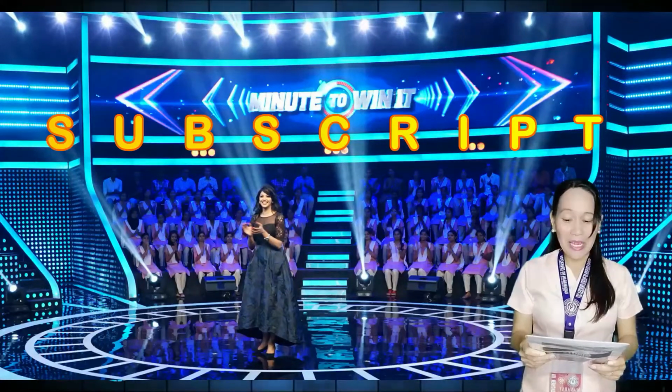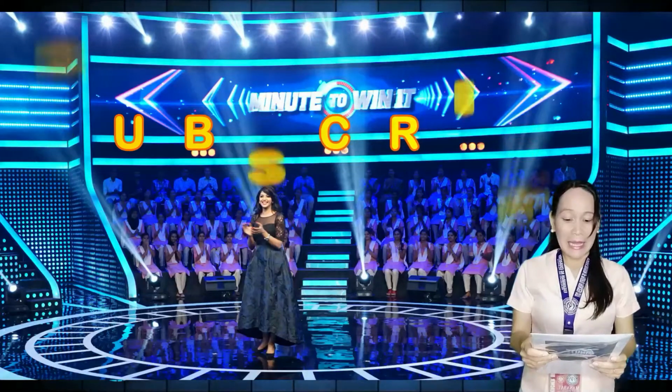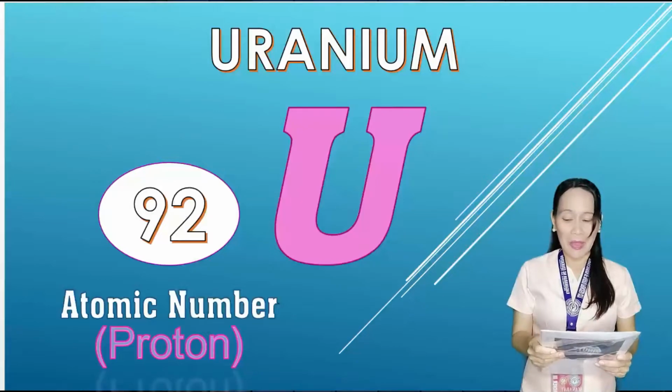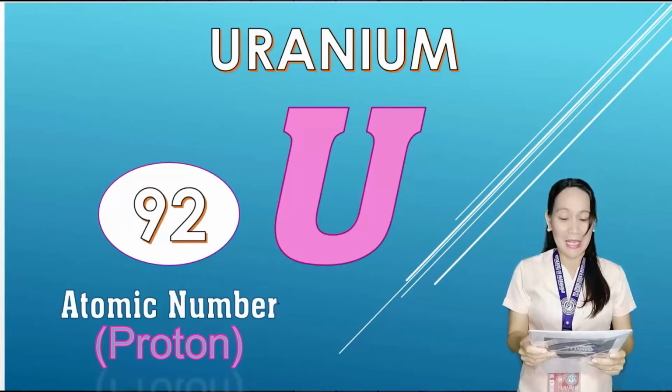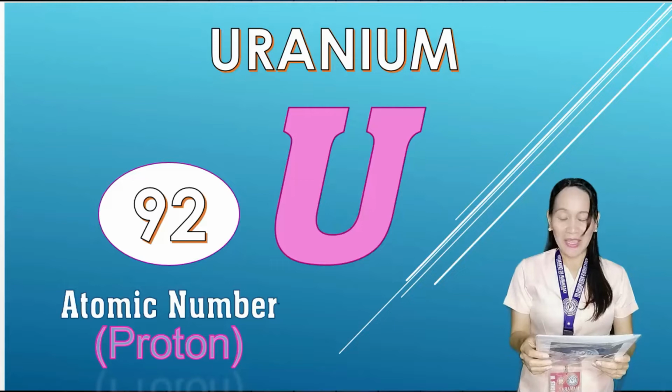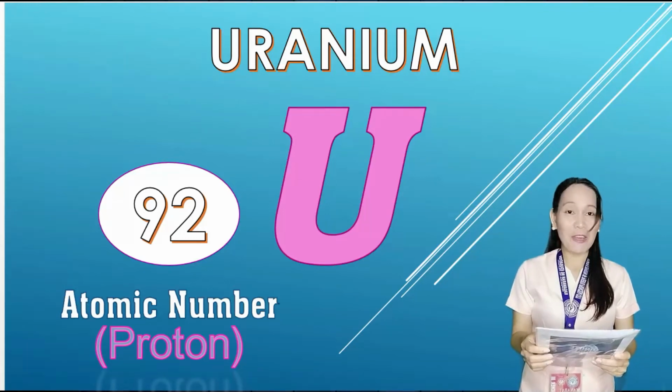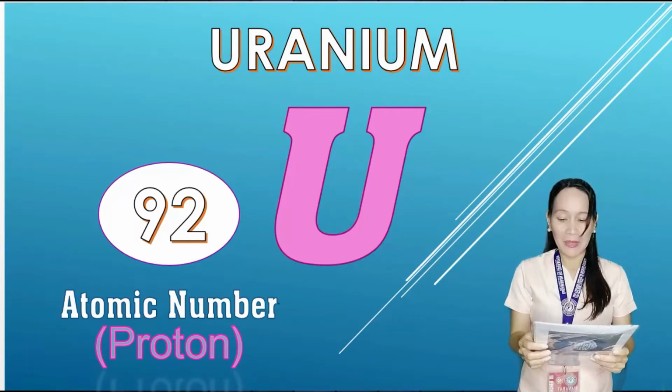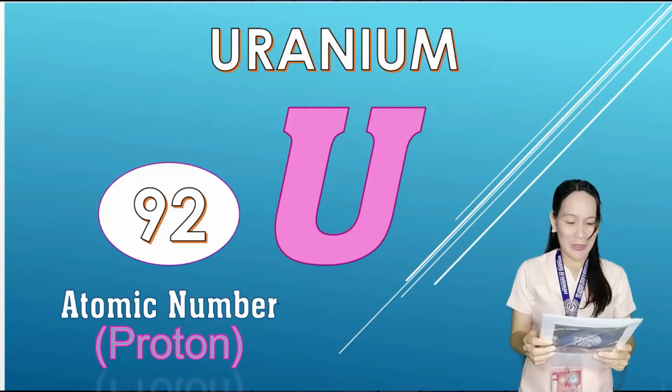So the number at the bottom tells us the atomic number or the number of protons. The proton number is the one that gives the identity of an element. For example, the atomic number is 92. Therefore, it's uranium.